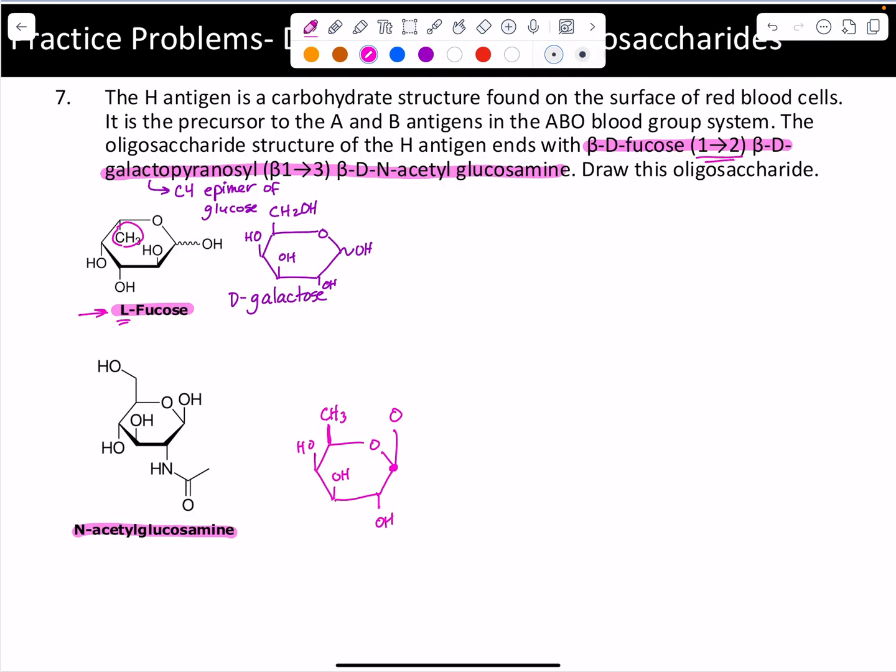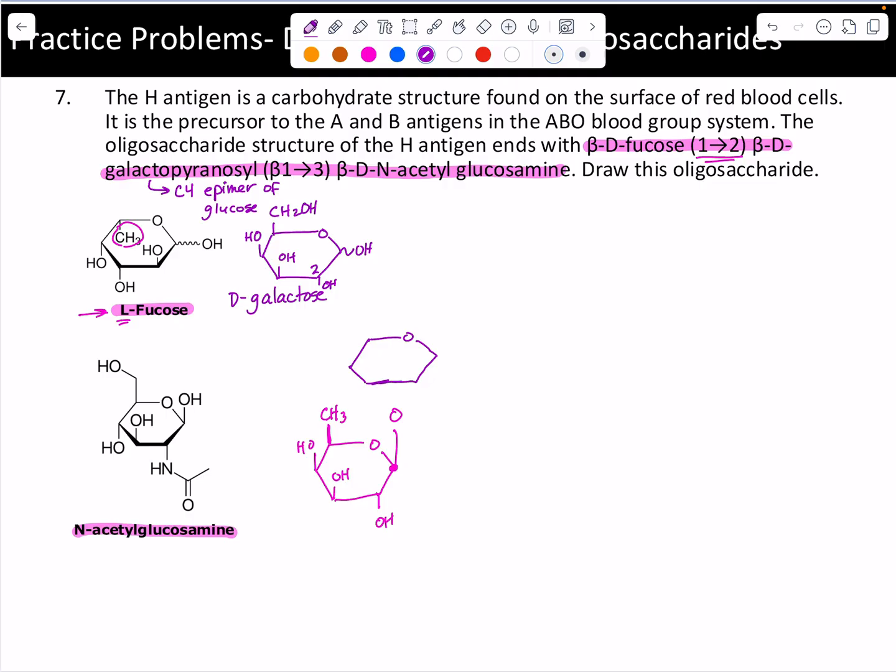So now our next unit is going to be our galactose. We'll make that in purple. And so it's going to connect to the 2 carbon, which is this carbon right here. And that hydroxyl is below the ring. So I'm going to try to draw my ring so that I can reasonably, there we go.